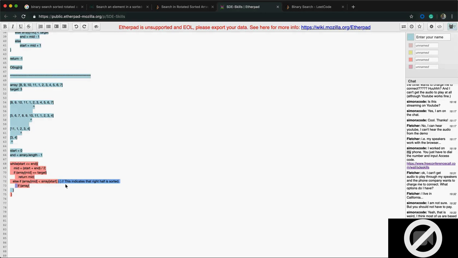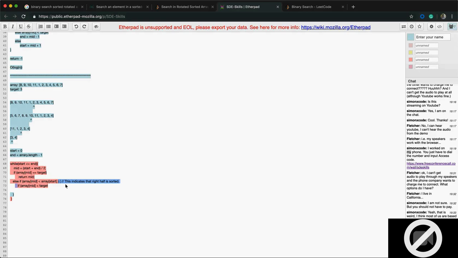If it is less than target, then we know that we need to go to the right side for sure.